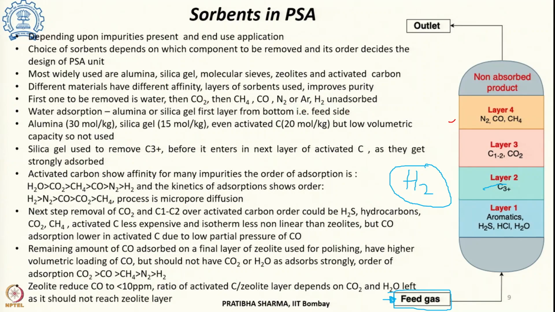So what should be the main strategy? If we adsorb all the impurities by using different chemicals, by using a series of layers, then hydrogen will come out through the outlet, and you can get pure hydrogen.